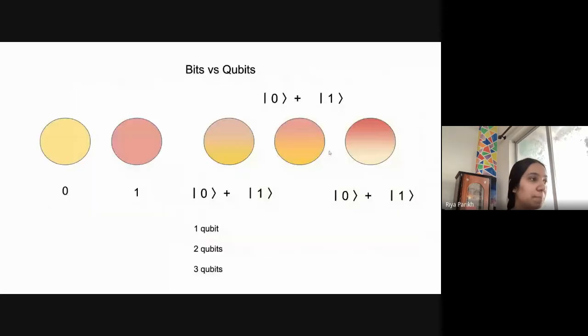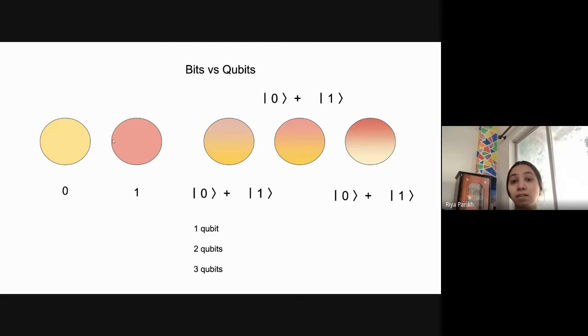Over to bits and qubits. Now, we saw a quantum computer, but we don't know how it works. For that, we need to look at its fundamental building block, which is almost analogous to a bit that we saw earlier.